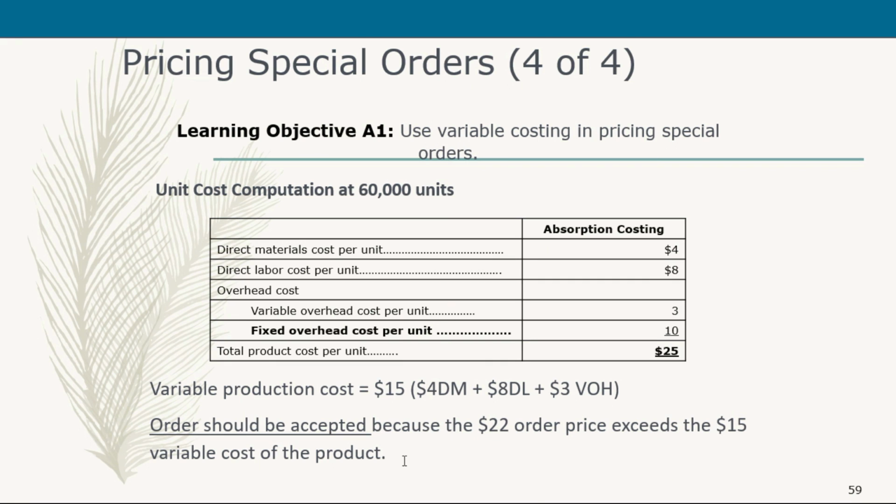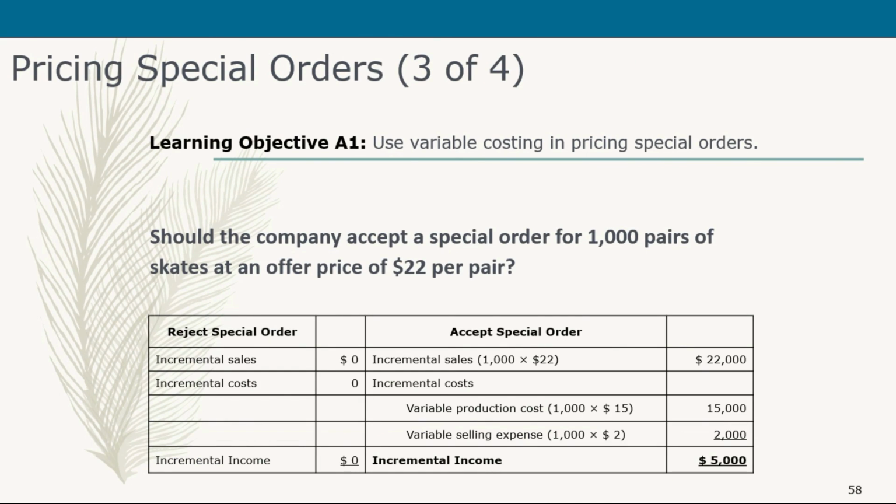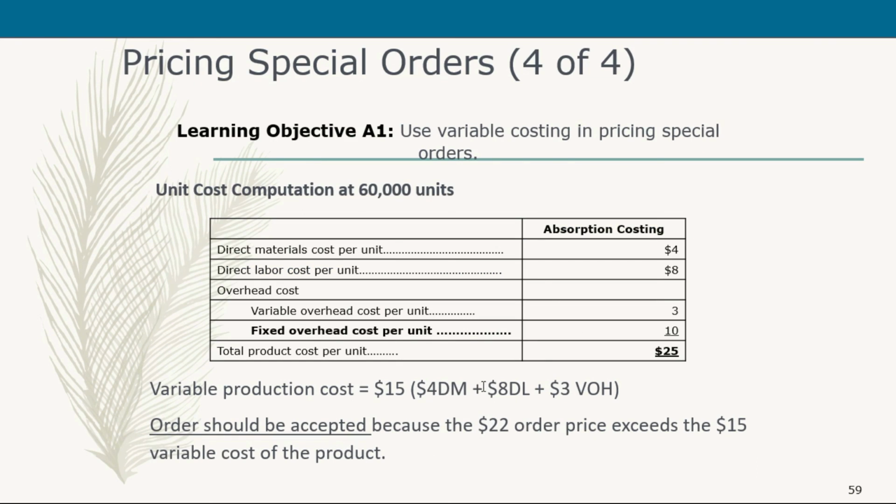Just like with our computation here, you will earn an incremental income of $5,000 as long as this 1,000 pairs is not offered at full capacity, meaning to say it is offered at excess capacity. Hence, it should be accepted. Okay?